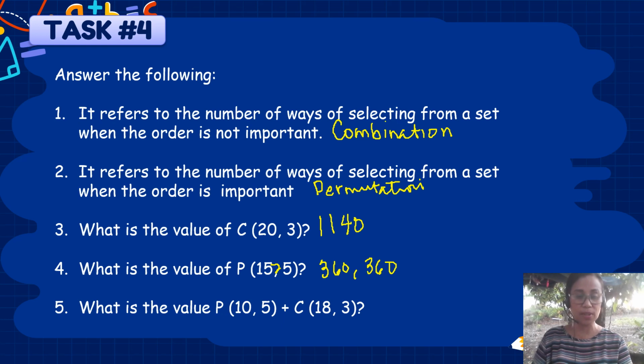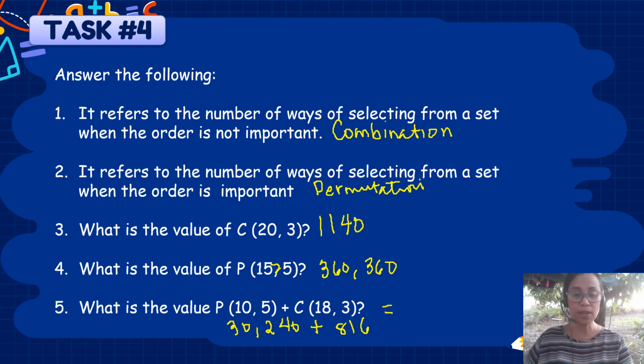Last is find P 10 taken 5 at a time, plus C 18 taken 3 at a time. So let's solve for P first. 10, then we take 5 at a time. That has a value of 30,240, plus C 18 choose 3 at a time, which is 816.